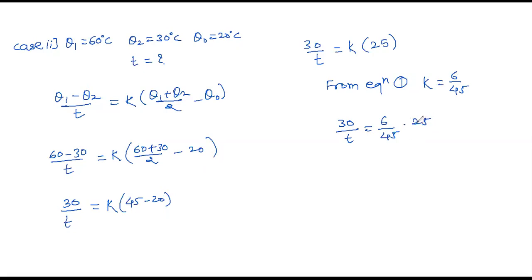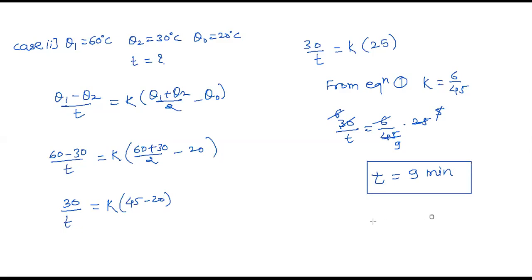Yes, 5 fives are 25, 5 nines are 45. This 6 and this 6 will get cancelled. How much t are you getting? 9 minutes. Yes or no? Clear? Yes. 9 minutes.